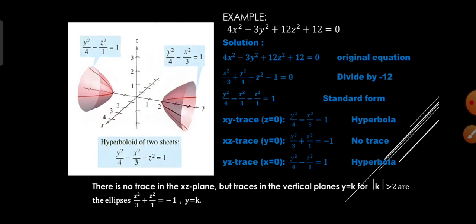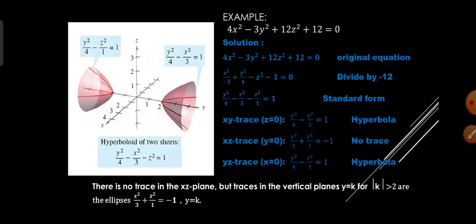Then the standard form is y squared over 4 minus x squared over 3 minus z squared over 1 is equal to 1.